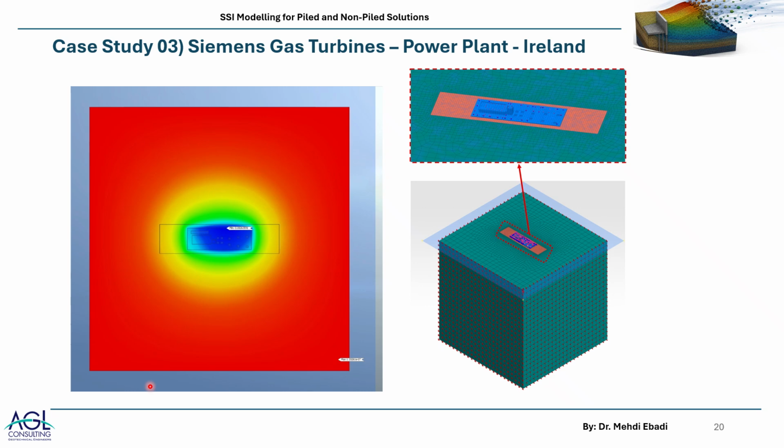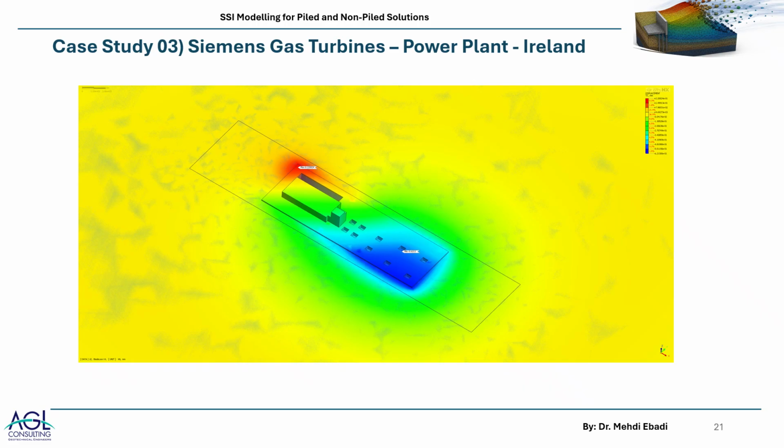Then the deformations obtained by the analysis in MIDAS enabled us to calculate the angular distortion of the foundation and then to check that against the criteria specified in the Siemens specifications for these foundations, which should be within the tolerable limits for the equipment. So we had different load combinations.